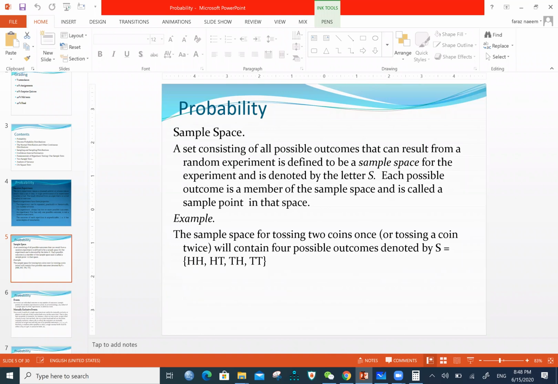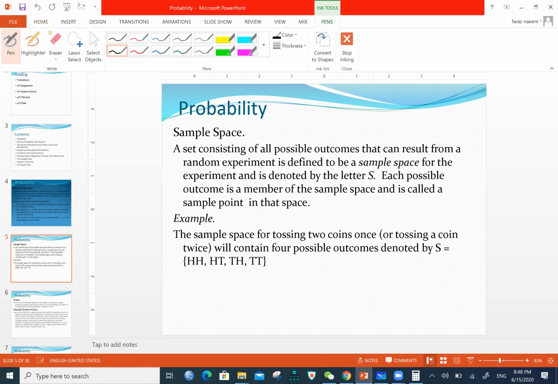For example, the sample space for tossing 2 coins once, if you toss 2 coins once, either you can get head on both coins, either you can get head on the first, tail on the second, or you can get tail on the first and head on the second, or you can get tail on both coins. Is that clear? Does it make sense?